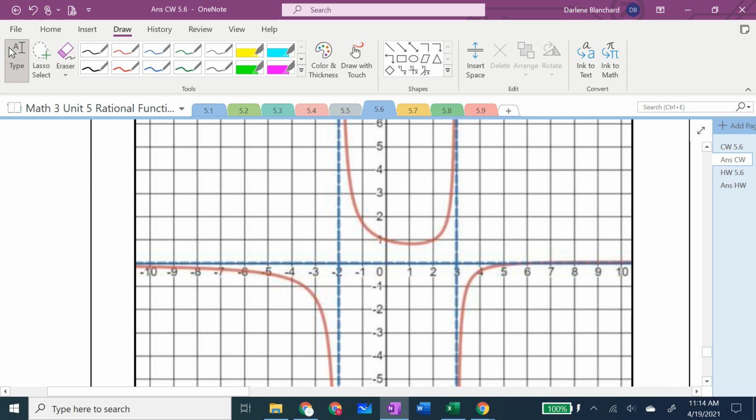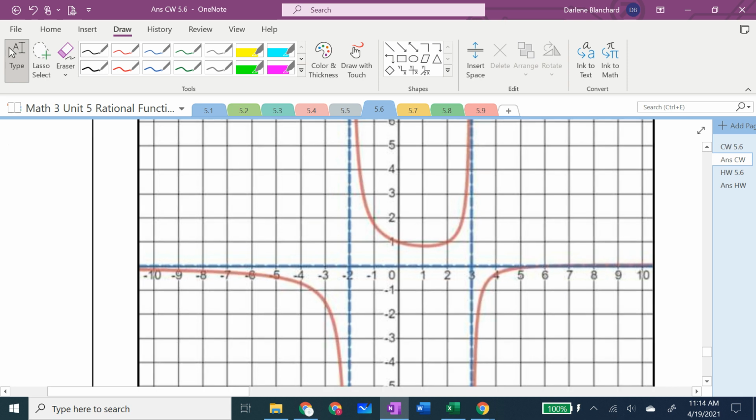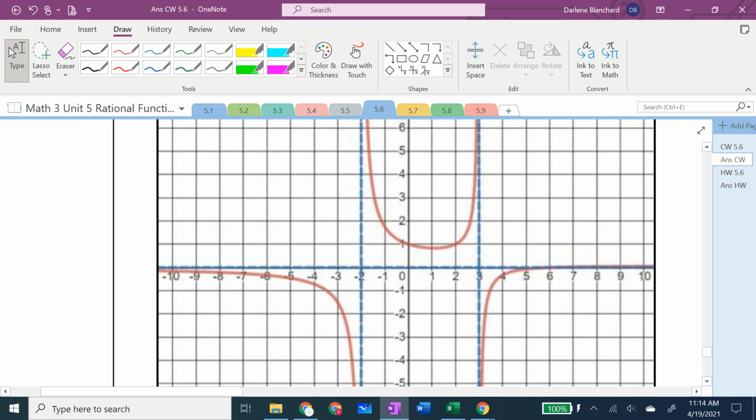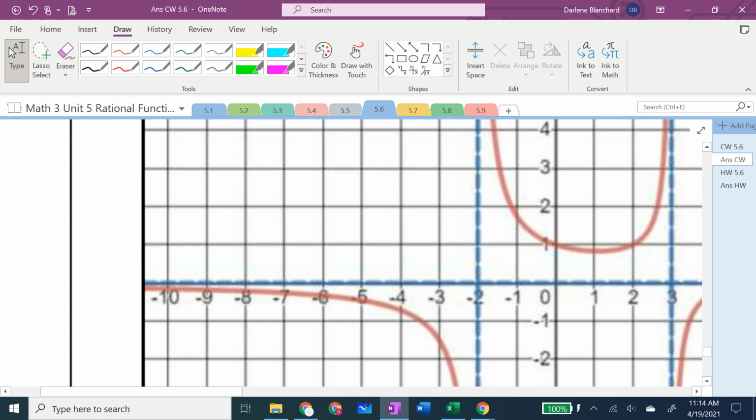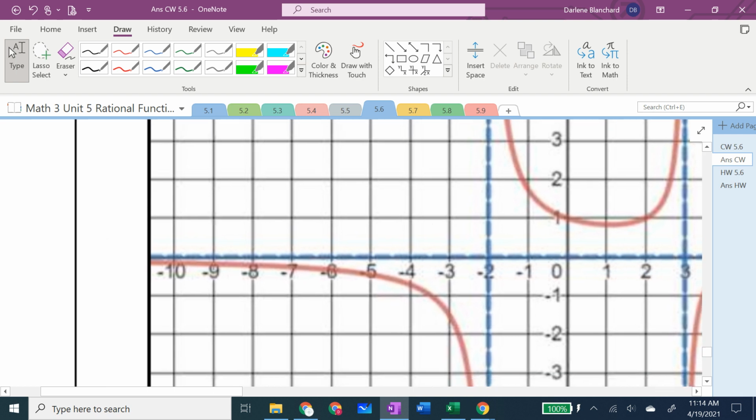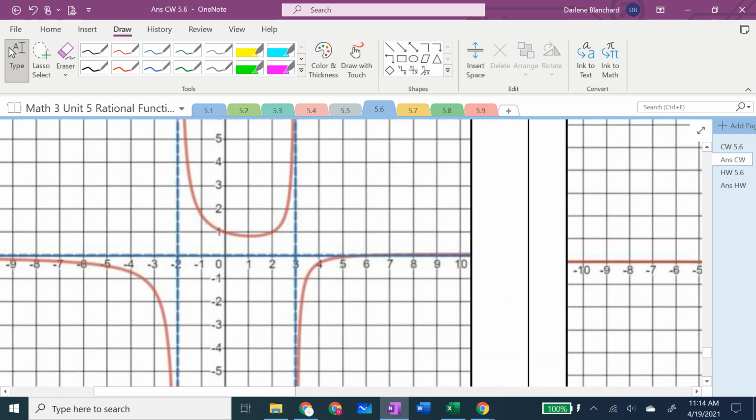Now I want to show you that on the left side of this horizontal asymptote, can you see that it is definitely under the x-axis? Now let's look at the right side.